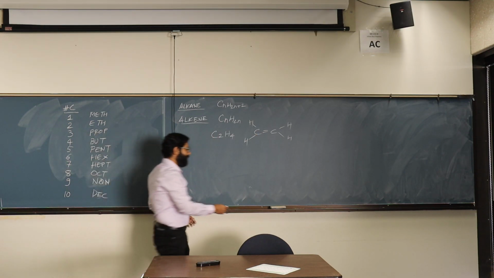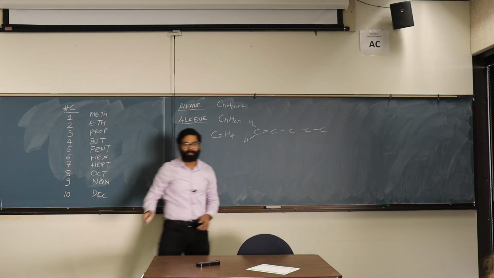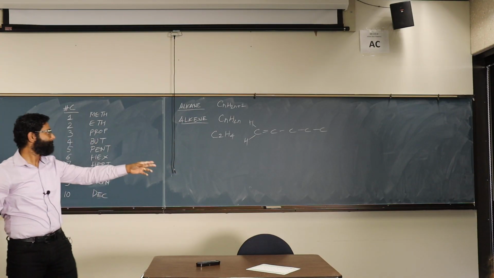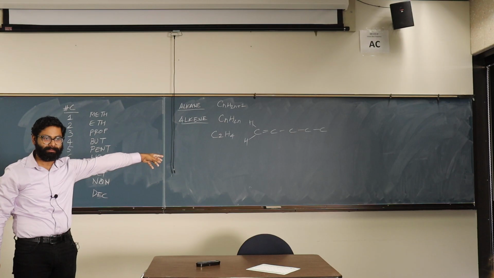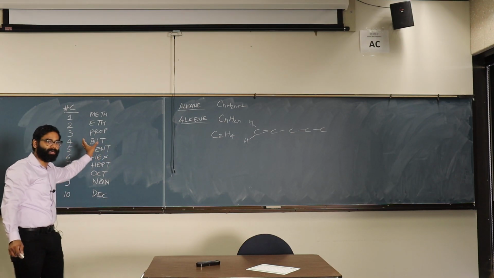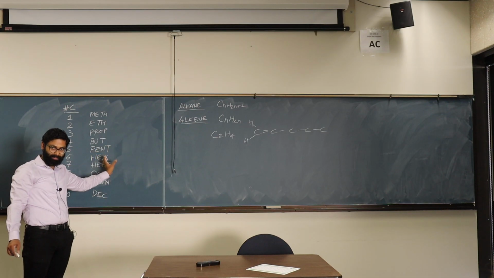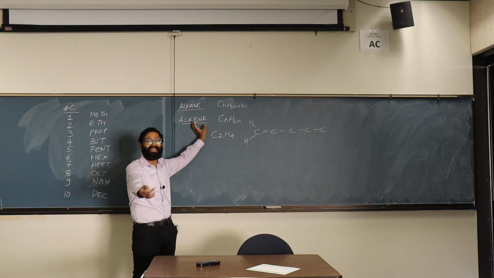Right? And then you can have, what is the name of this? How many carbons? 5. So what will be the base word? Pent. And what will be the last word? So pentene.